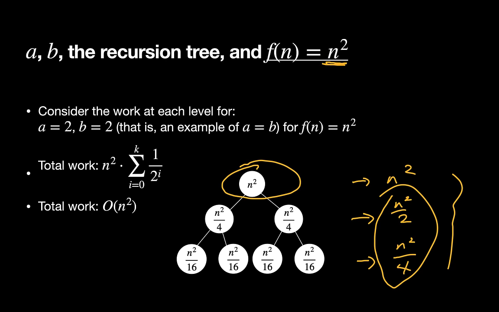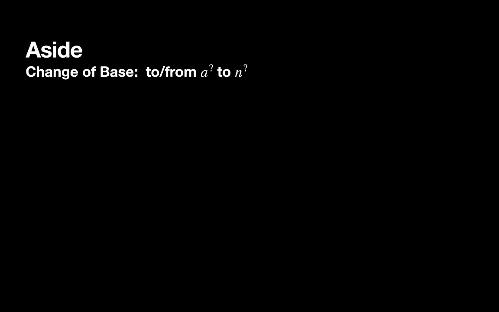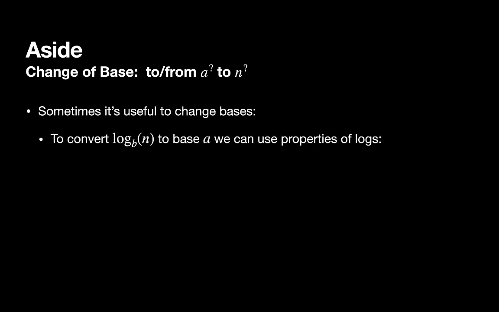Okay, so I want to do a quick aside just to talk a little bit more about some things that are useful for understanding this critical factor. First off, I just want to do some algebra and review that sometimes it's useful to change bases in various ways. So imagine that we want to convert from log base b of n to base a. We can use some properties of logs.